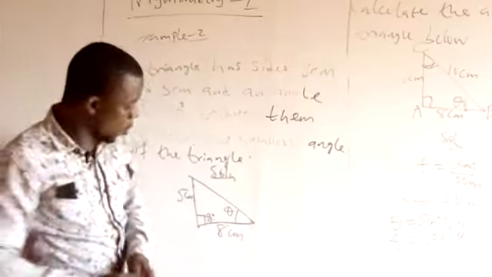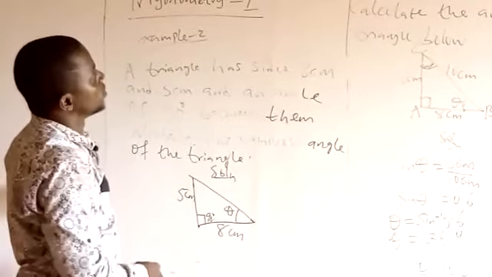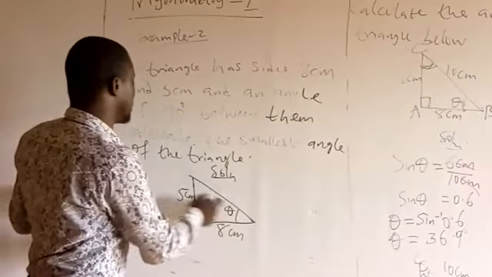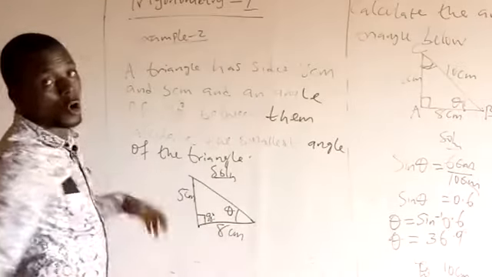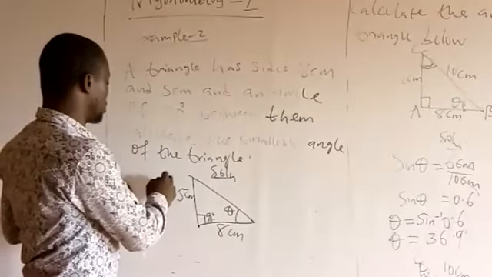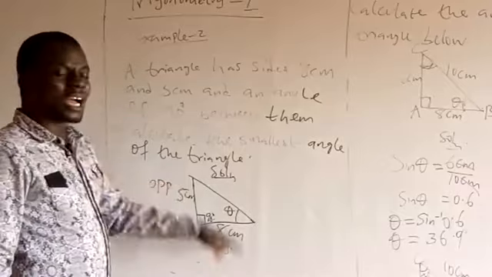Alright, so what do we now do? Following your trigonometric ratio, this place theta is facing this side, here it becomes opposite. Okay, with me, students. So here is opposite, here is the adjacent. So opposite, adjacent.